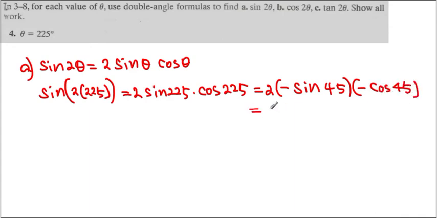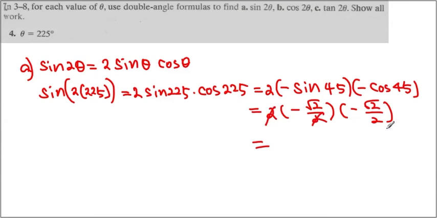Then what we end up getting is 2 times negative radical 2 over 2 times negative radical 2 over 2. Now, then what do we end up getting? Yes, negative times negative becomes positive, so this 2 cancels out with this 2. And radical 2 times radical 2 becomes 2 divided by 2 becomes simply 1. That's what we end up getting.